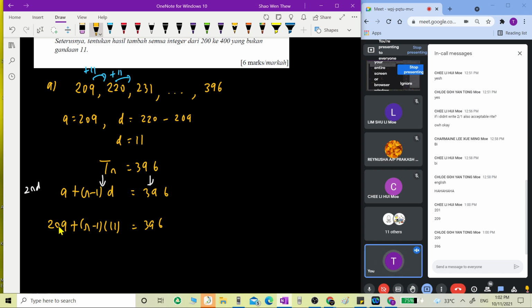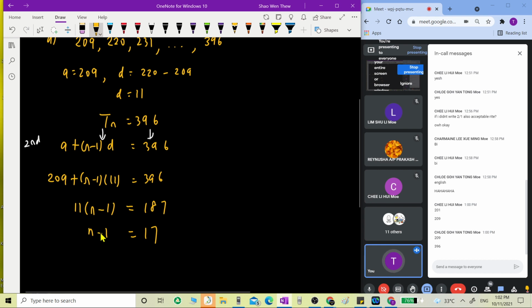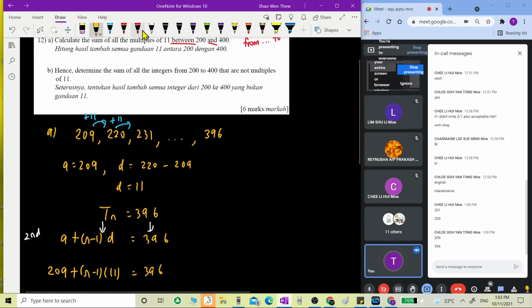Then you bring this one to the right hand side, becomes 187. 11 you can put in front, and then bring the 11 to the right hand side. Use the calculator, you get 17. Then bring this one to the right hand side, you get 18. So with this, we can confirm 396 is T18. Because this one is T18, means that all together here we have 18 terms.